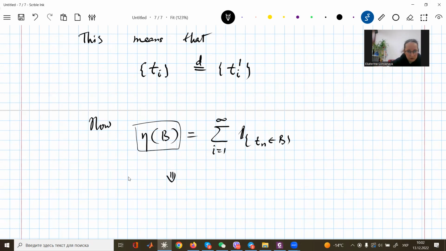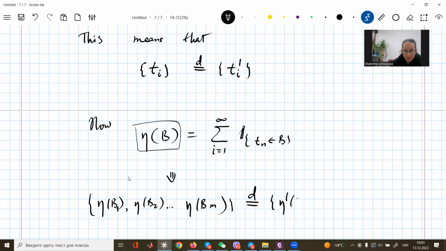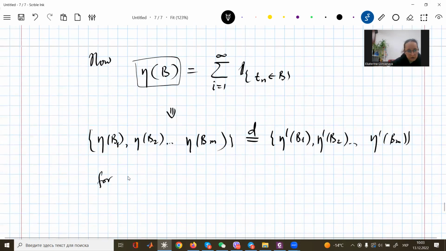So from this follows that eta of B1, eta of B2, and so on, if I take disjoint subsets B1 and so on Bm, have the same distribution as eta prime of B1 up to eta prime of Bm for disjoint subsets Bi.